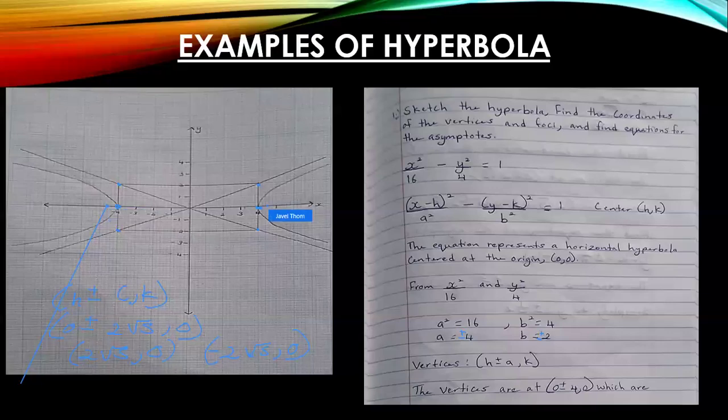So we have, let's say, F1, and this is F2. F2 there.